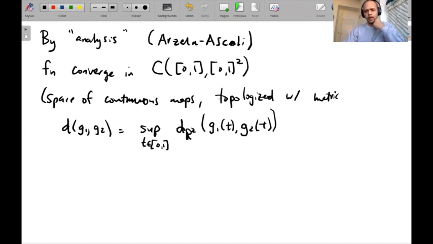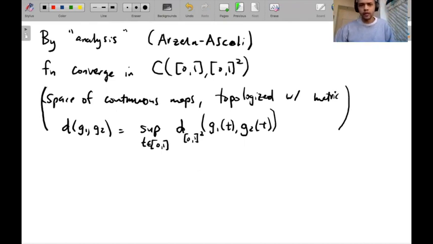I guess I'm viewing the unit cube as inside of R2, or I guess I could just put the distance in 0, 1 squared. Okay. Right. So this is okay.